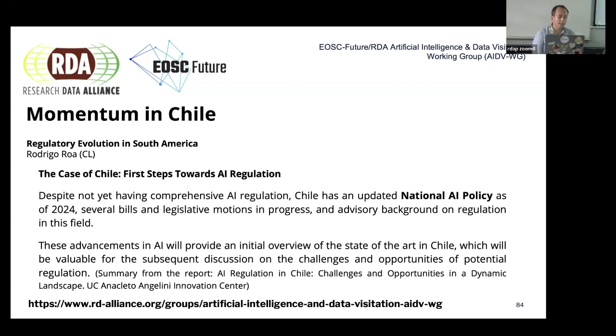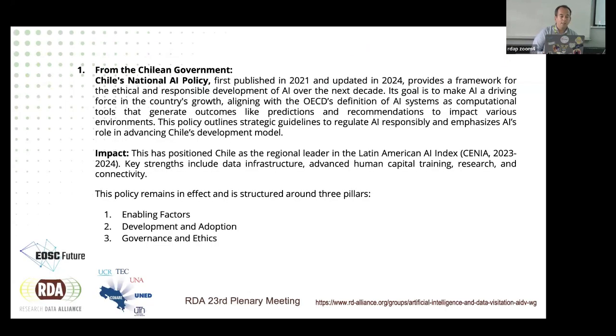These advancements in AI will provide an initial overview of the state of the art in Chile, which will be valuable for subsequent discussion on the challenges and opportunities of a potential regulation. This is a summary of the state of the art that I obtained from the report AI regulation in Chile, challenges and opportunities in a dynamic landscape.